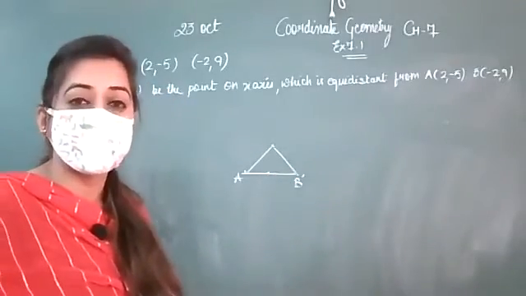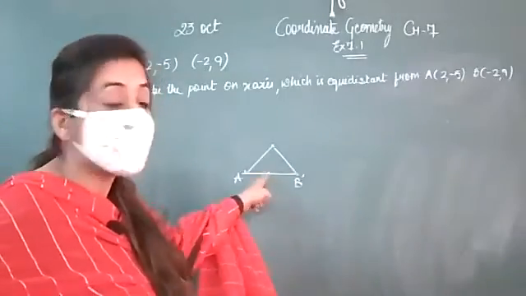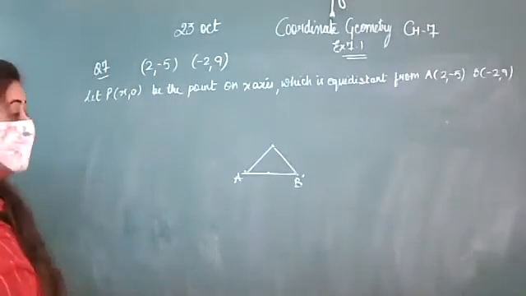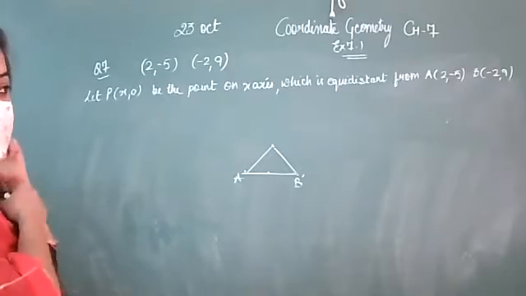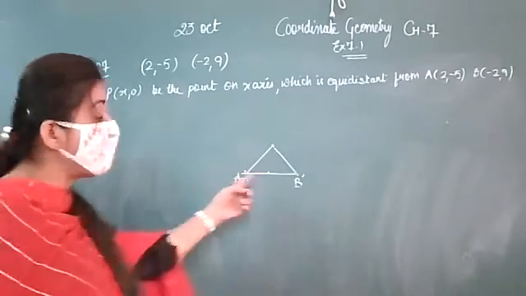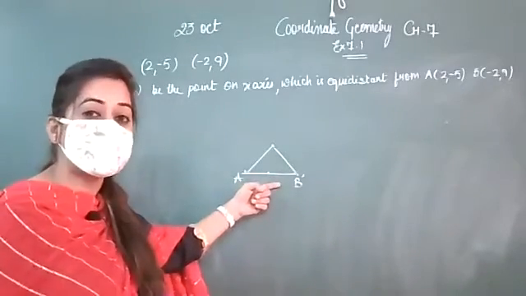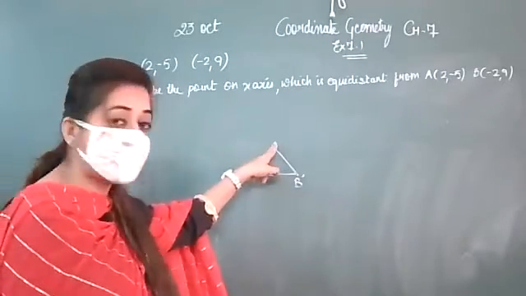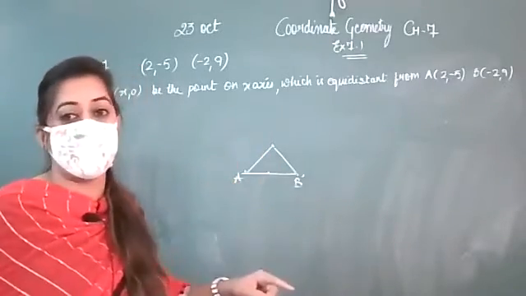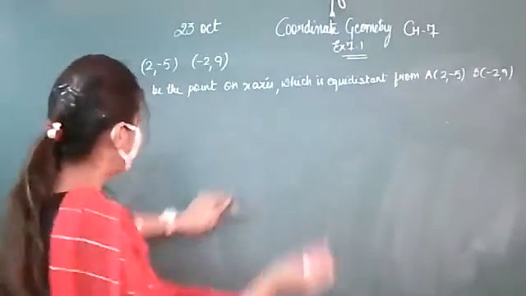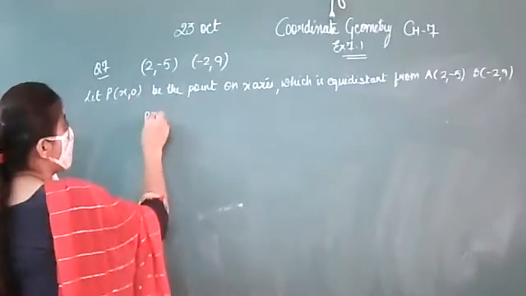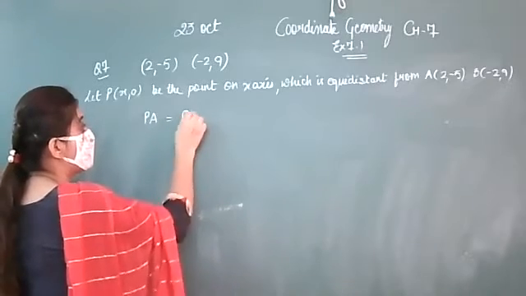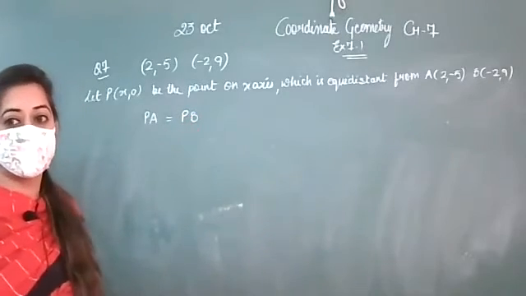But it's not said in the question that the point P is lying on the line segment AB.